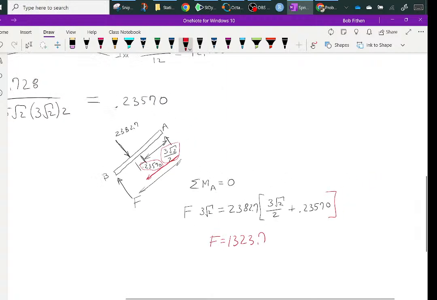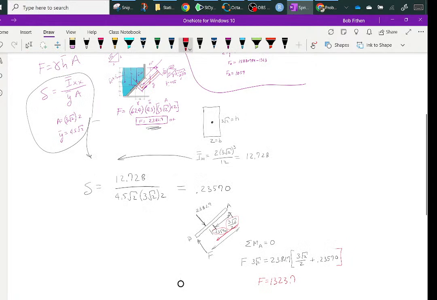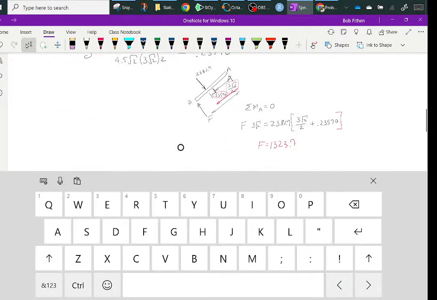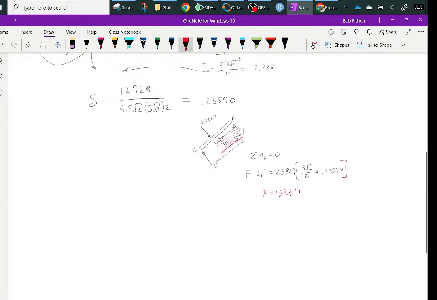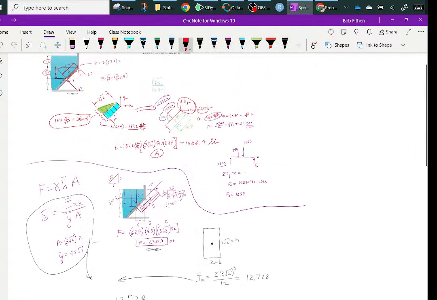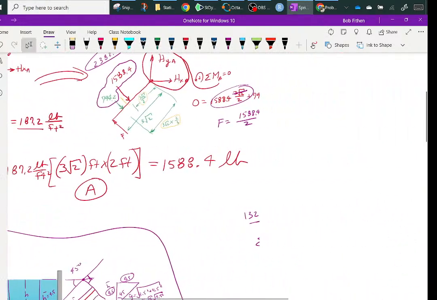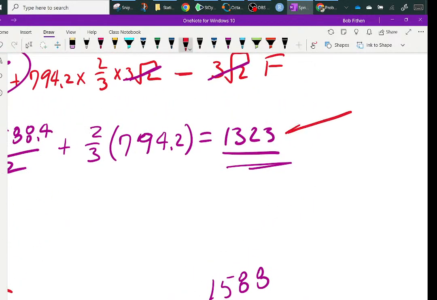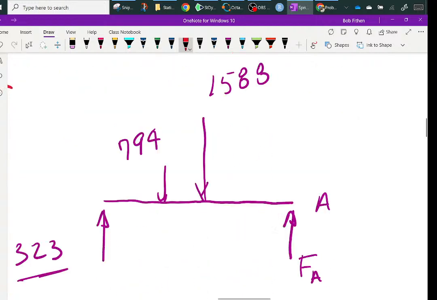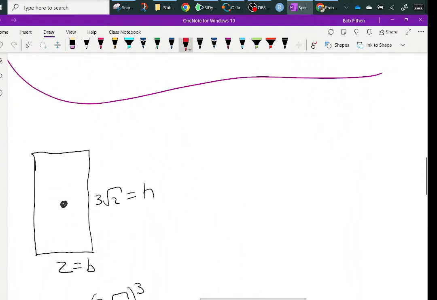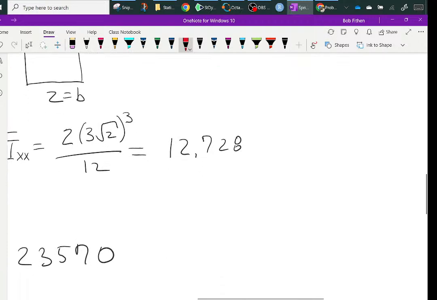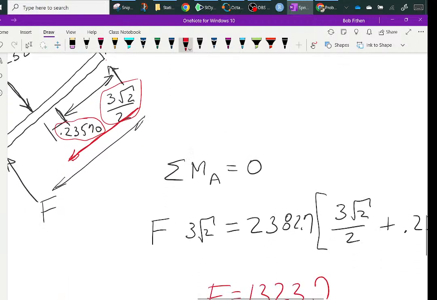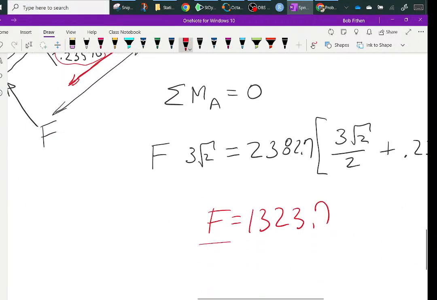If you look, yeah, this is jumping around. That's kind of what I got there. Yeah, 1323, and maybe I was just too lazy to write the 0.7. So I got 1323.7. So that checks out with the last one.